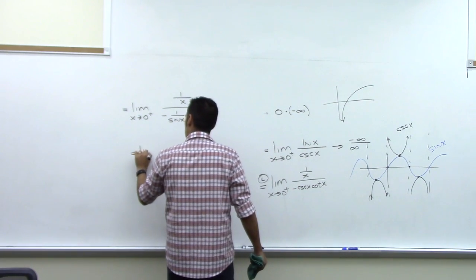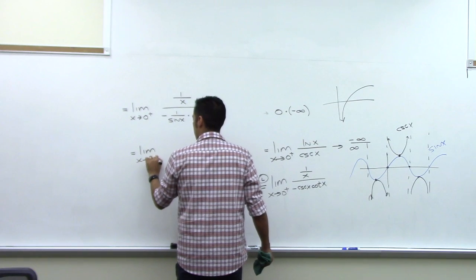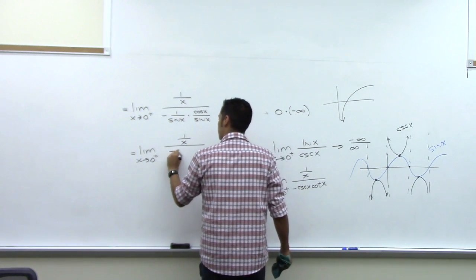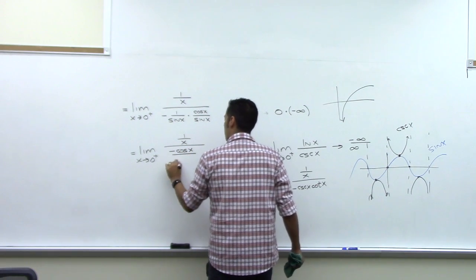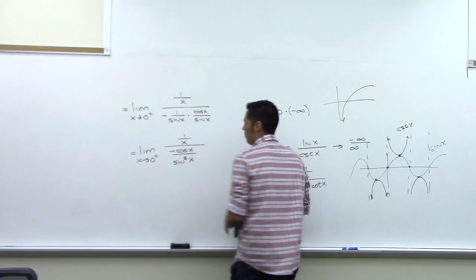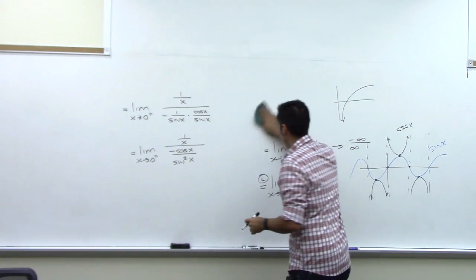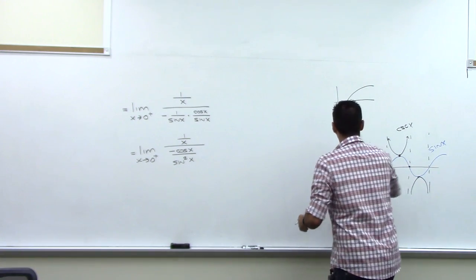All I'm doing is rewriting, not doing any L'Hopital right now. 1 over x over negative cosine x over sine squared x. What I did is I created a fraction over a fraction so I could flip it and do the reciprocal, all that stuff.